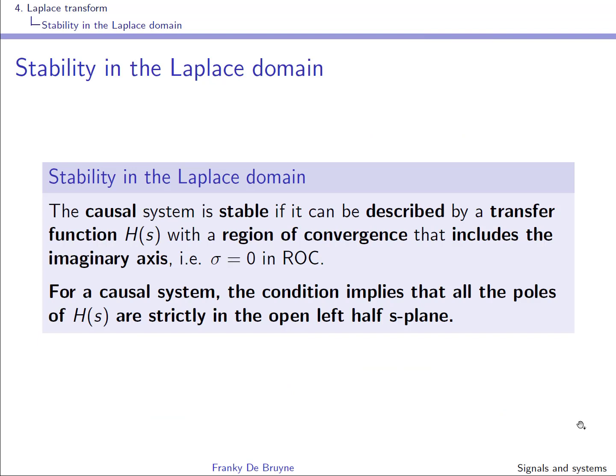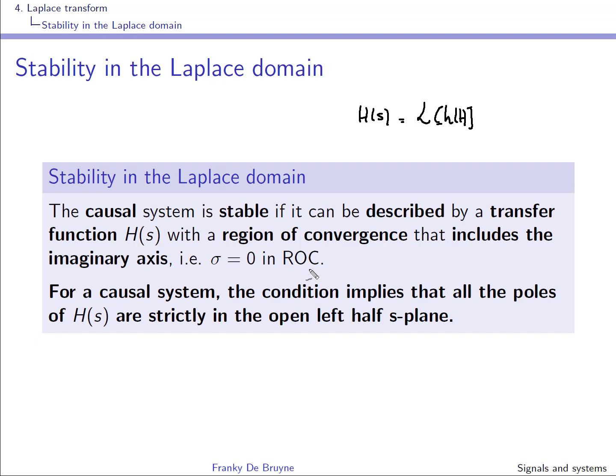So we arrive at the stability condition in the Laplace domain, which says that a causal system is stable if it is described by a transfer function H(s), and remember that H(s) is the Laplace transform of its impulse response, and that this transfer function H(s) has a region of convergence which includes the imaginary axis.